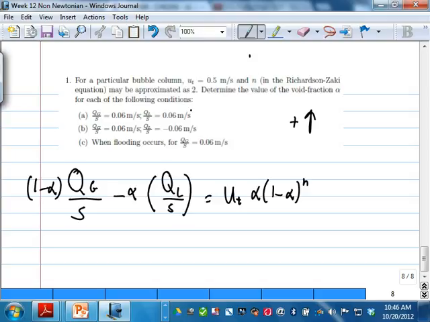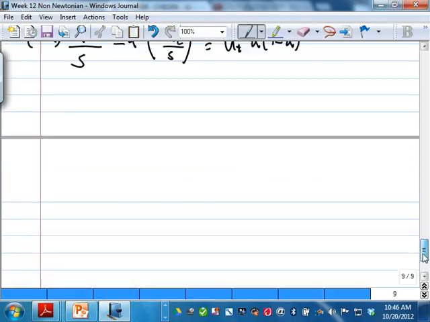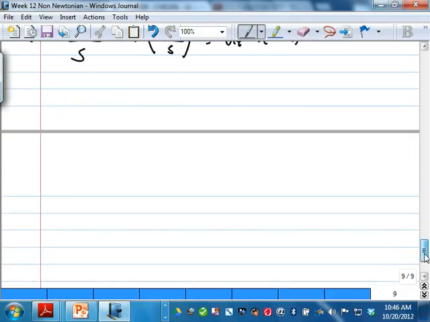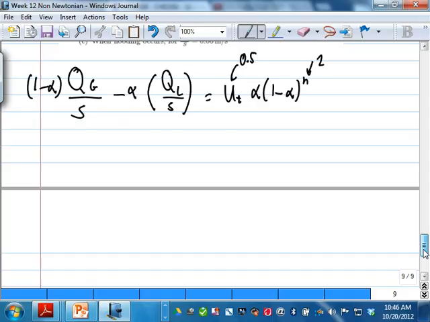N is 2. UT is 0.5 in this particular case. So actually the only unknown here is alpha. You can try to figure it out, but let's do the way that the notes do.